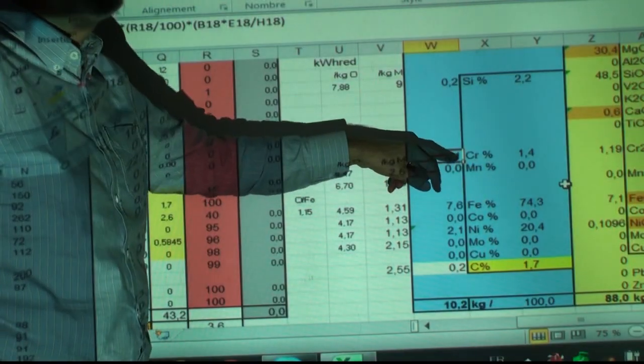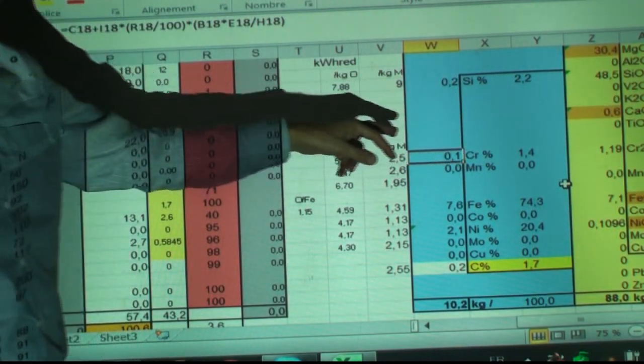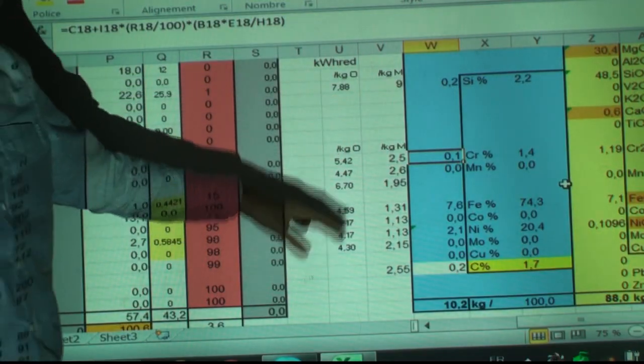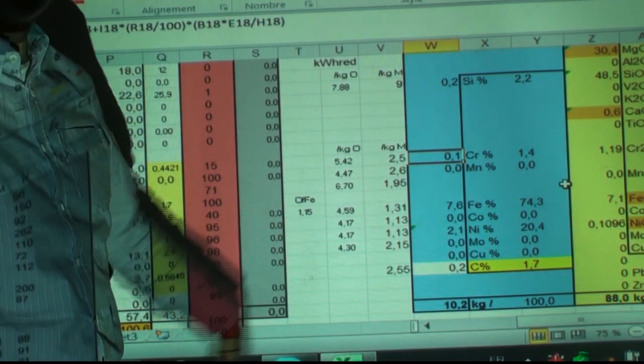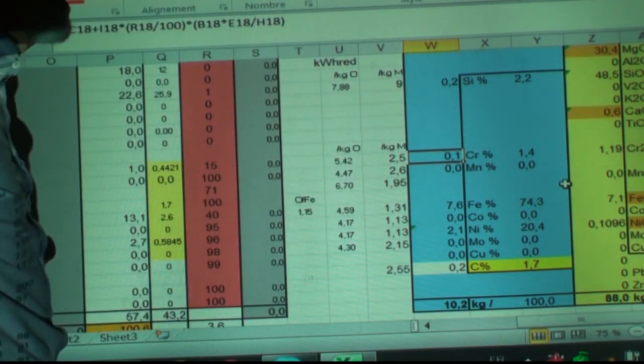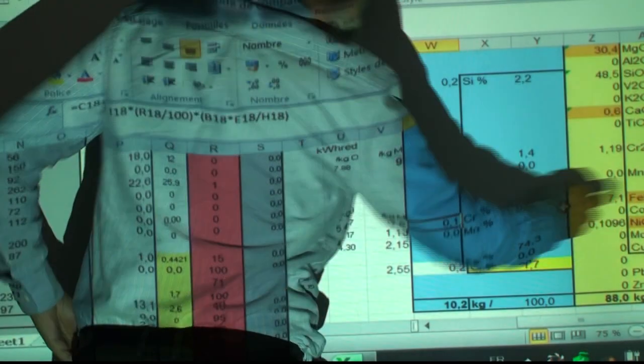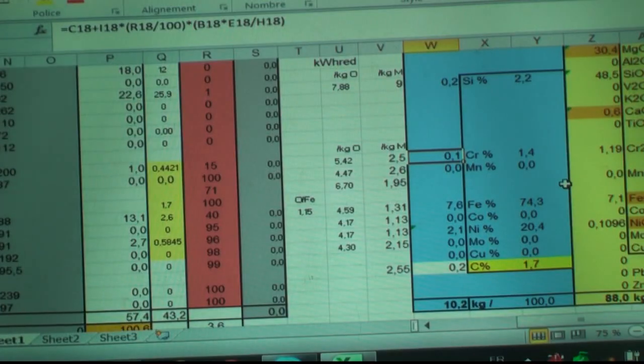Even if you double the yield and you reduce 0.2 kilo chromium, it has no influence on the heat balance. In the case of ferronickel, the very important things are this and this.